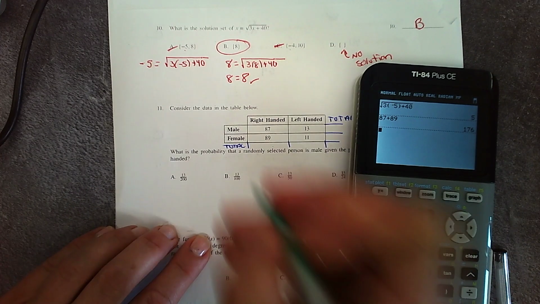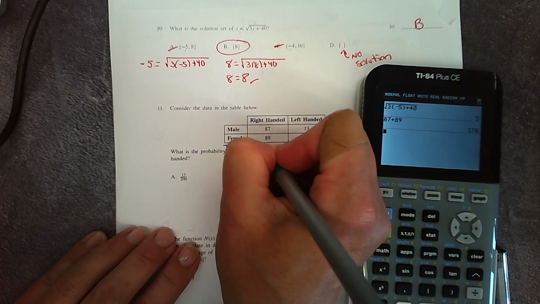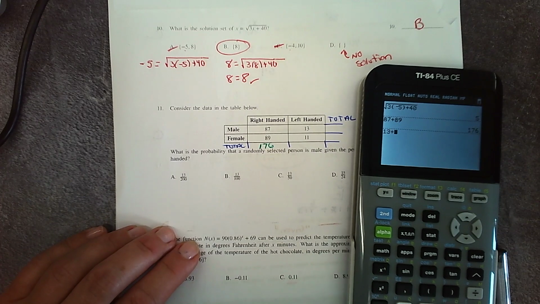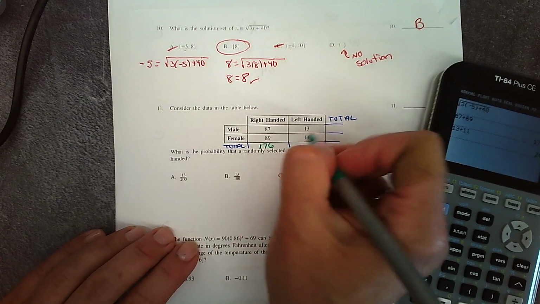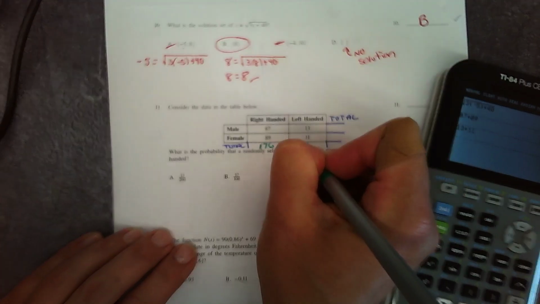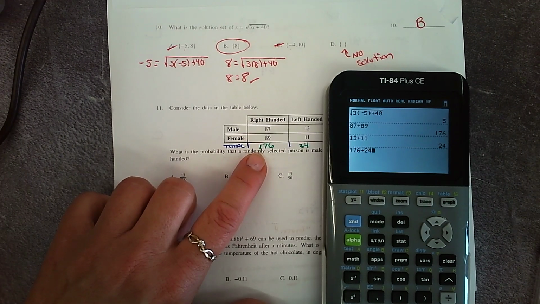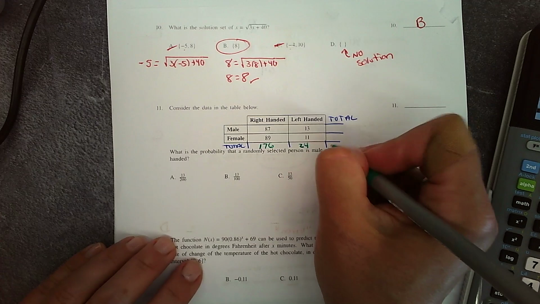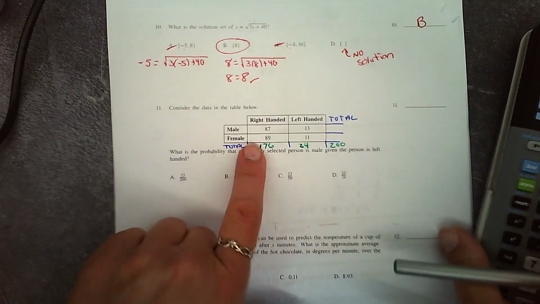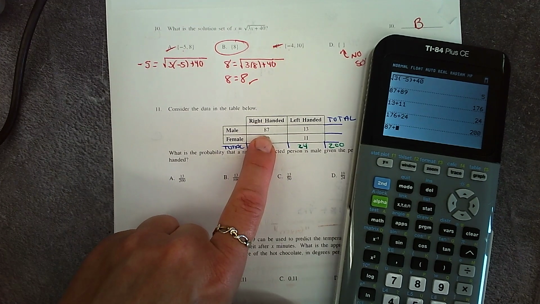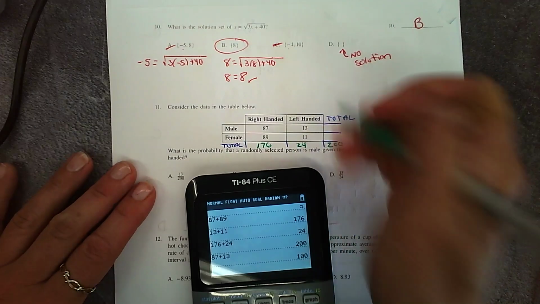All right, so I'm going to put 176 here. And then 13 plus 11, which is 24. Okay. And then I'm going to do 176 plus 24. That makes 200 here. All right, now I'm going to check it with the other way. 87 plus 13 is 100.